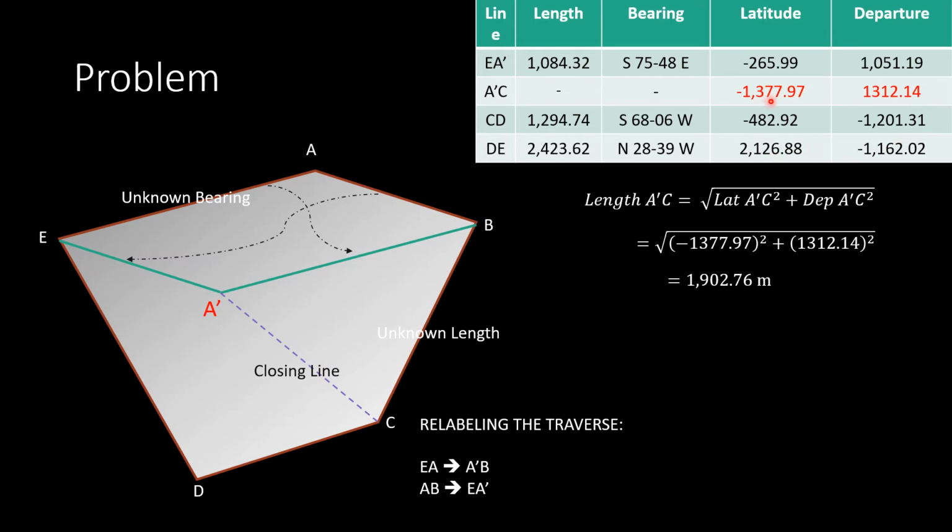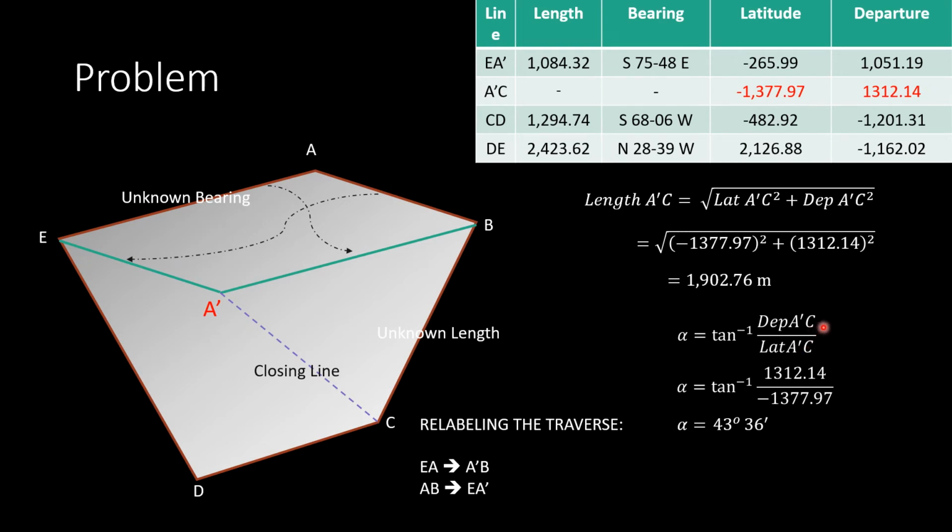Now that we have the latitudes and the departures, we calculate its length by taking the square root of the sum of the squares of its latitude and departure, which is equal to 1902.76 meters.